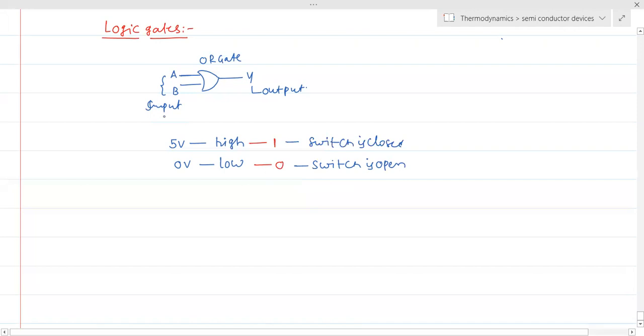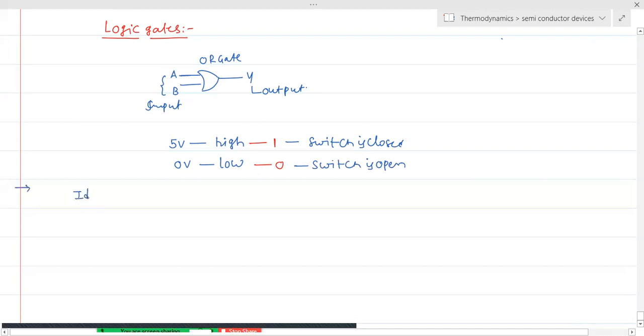Right. Before applying all these things, we first need some basic laws, which we need to understand with examples. So I'm taking the first law. It is called the identity law. There is no need to remember its name, but we need to remember this class.